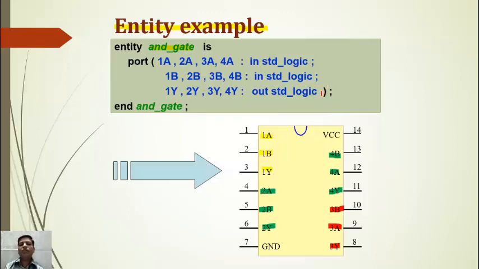One thing you have to always remember: at the last port definition, we always complete the bracket and then write the semicolon. Sometimes students misplace the semicolon first and then the bracket, which may produce an error. So end and_gate, then semicolon. In this way we write the entity for the AND gate IC.